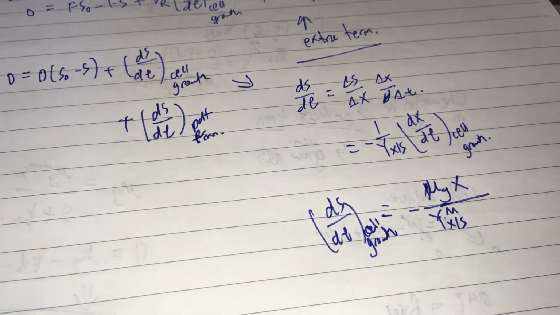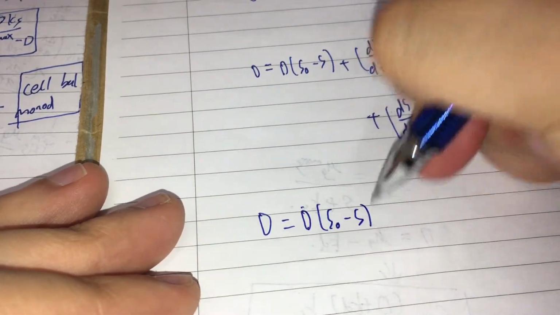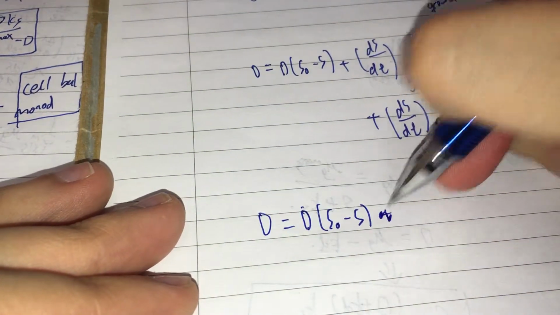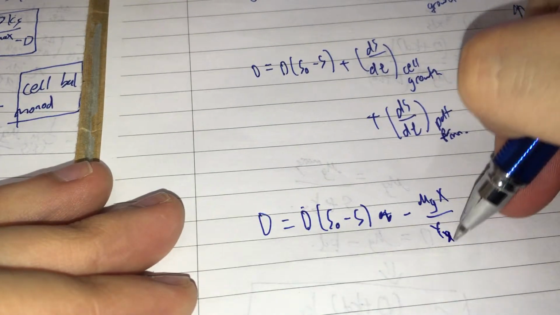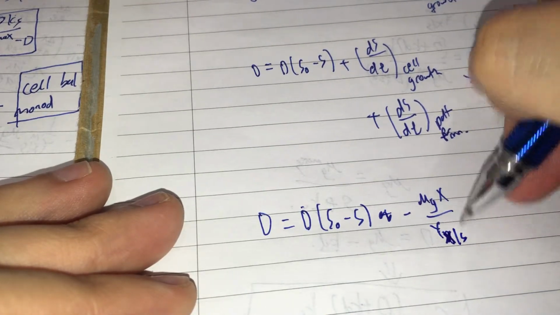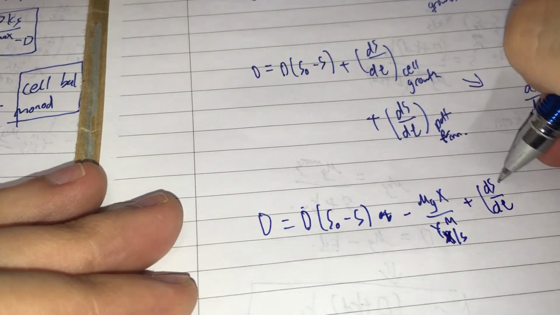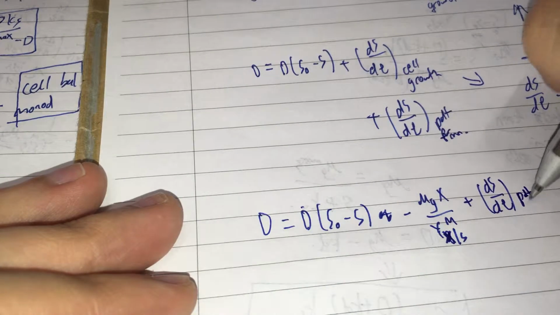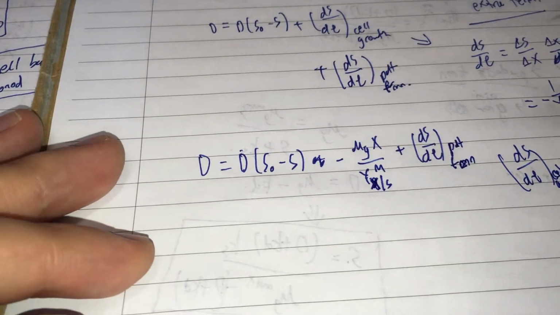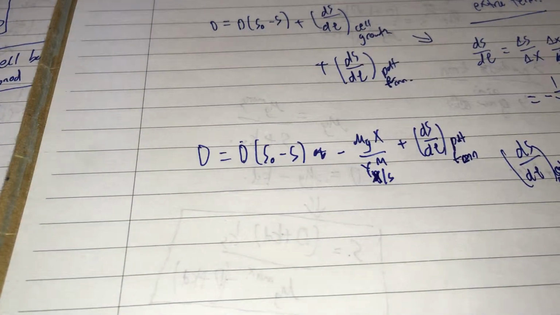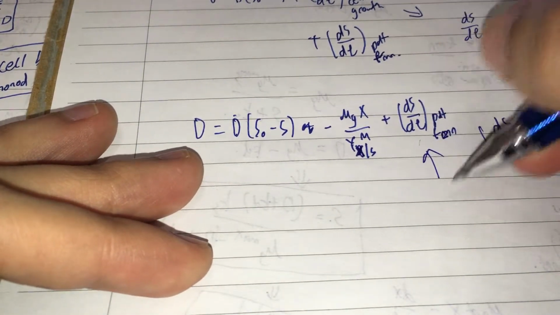We'll substitute that back into our equation. It's a minus now, mu g x over Y x by s maximum, plus the product formation term. So this is the cell growth one, and this is the product formation one. How do we get this?